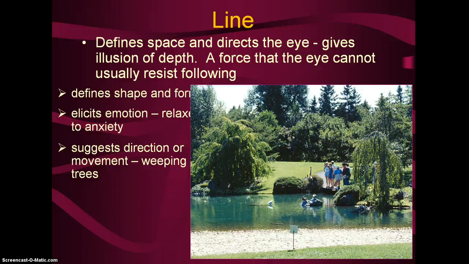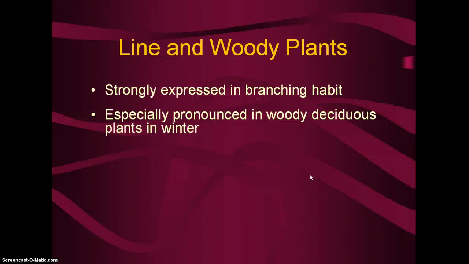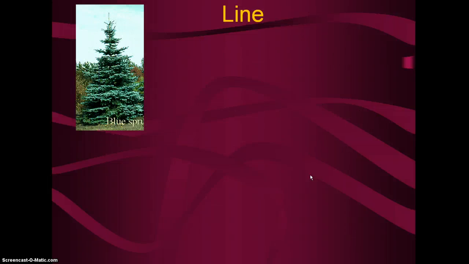The way branches and plants, which are one of the things that really define line to some extent, can suggest or direct your eye downwards, say in the case of weeping trees. So line is strongly expressed in the branching habit, and it's especially pronounced in woody deciduous plants in winter.